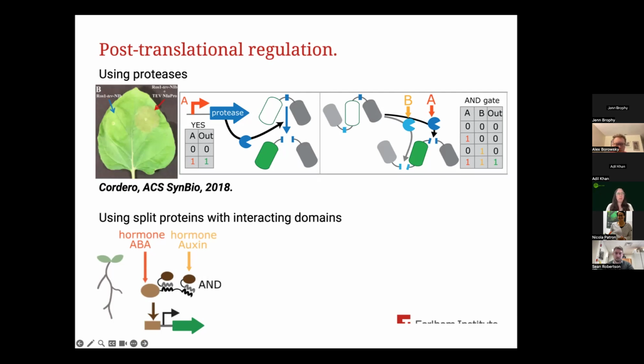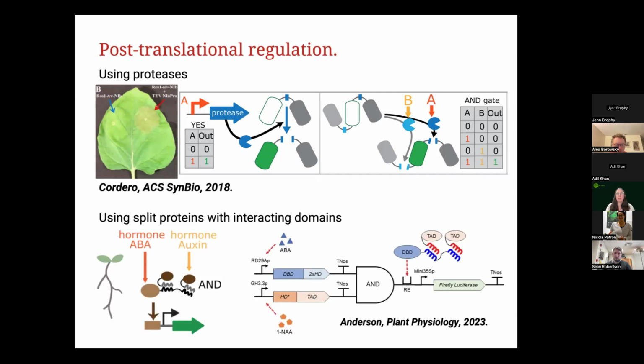And in this case, you have different hormones that will lead to the expression of these different proteins. The way this works is that you have those interacting domains that will make the proteins come together and form this complex. So here is a full system that has been developed, and those interacting domains are called HD here.